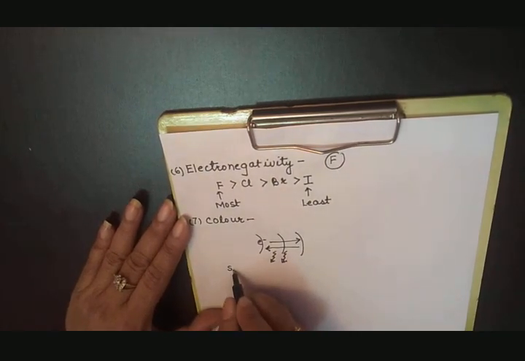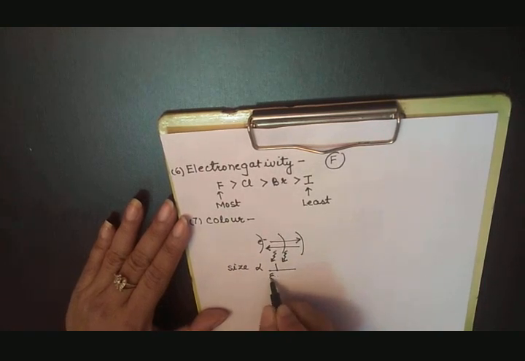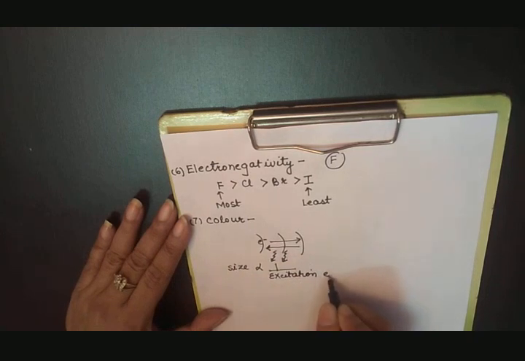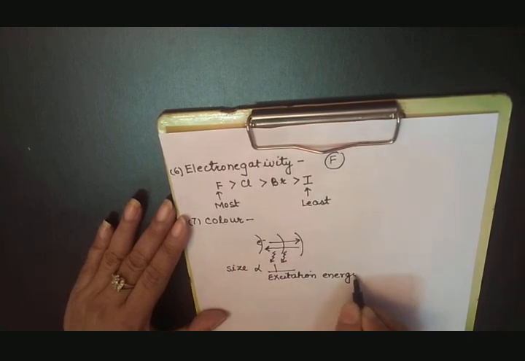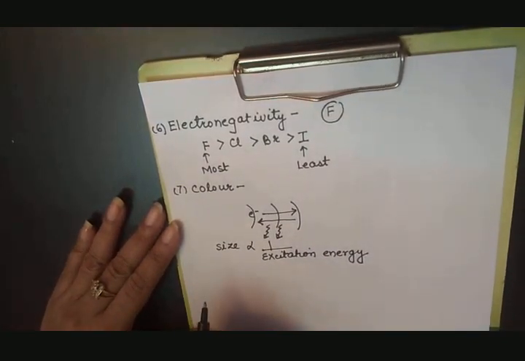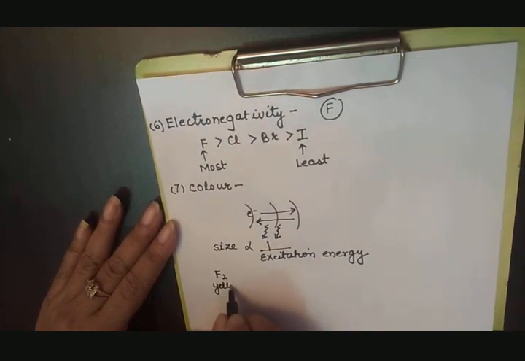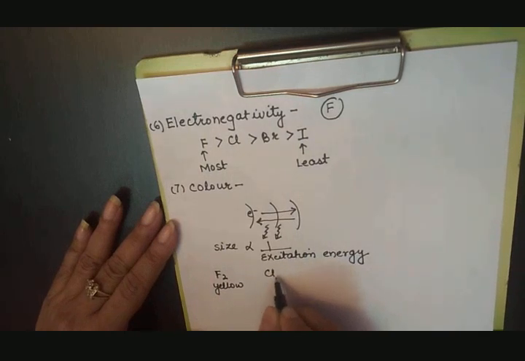And what is the relationship? The size of the atom is inversely proportional to the excitation energy. It means the excitation energy is different for different halogens. Therefore, the colors are also different for different halogens. Fluorine is yellow, whereas chlorine is greenish yellow.